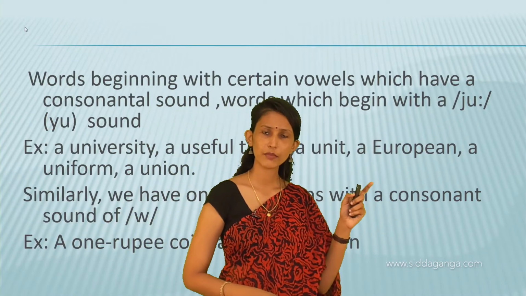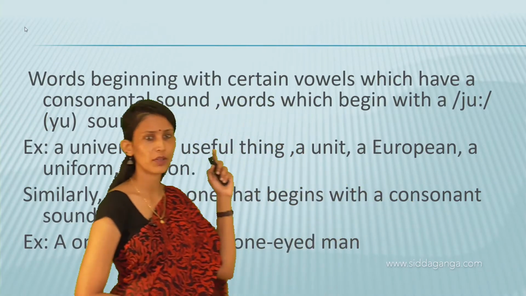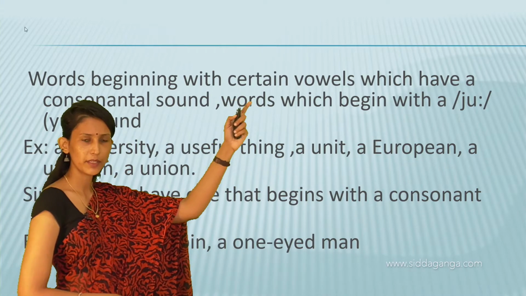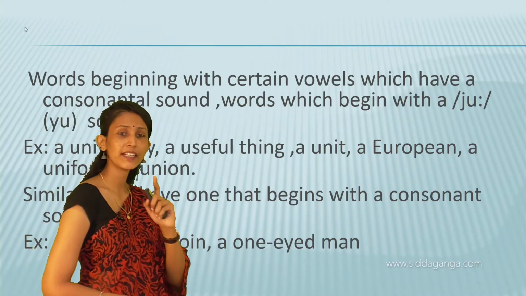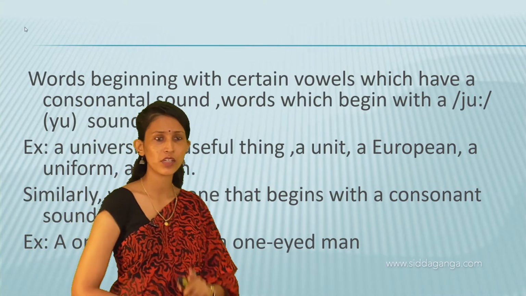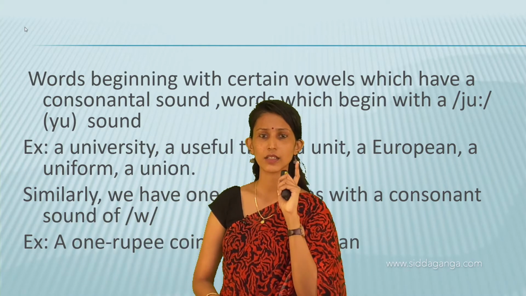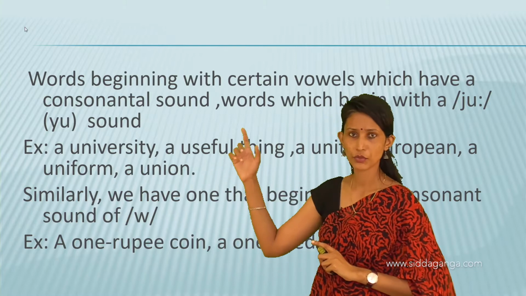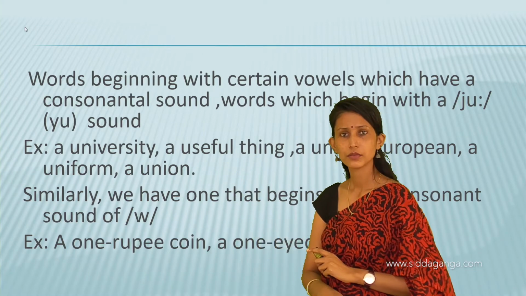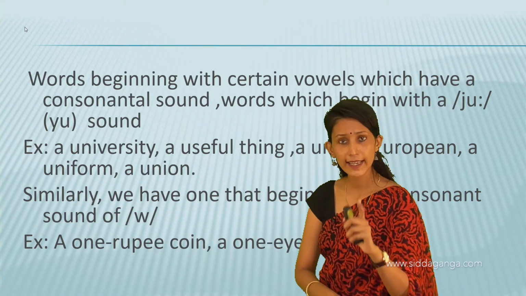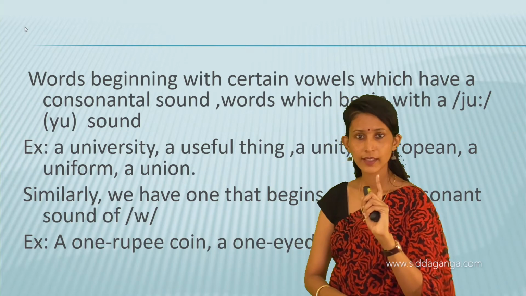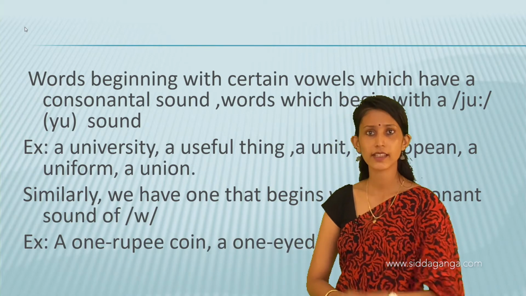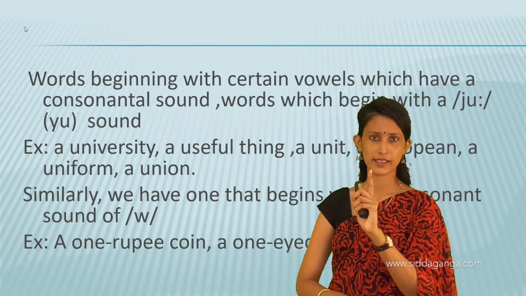Moving on, it can be used in certain other places as well. Now look at this here in the beginning. Words beginning with certain vowels which have a consonantal sound, which begin with U. Now, where do you use a again? When certain vowels have a consonantal sound.